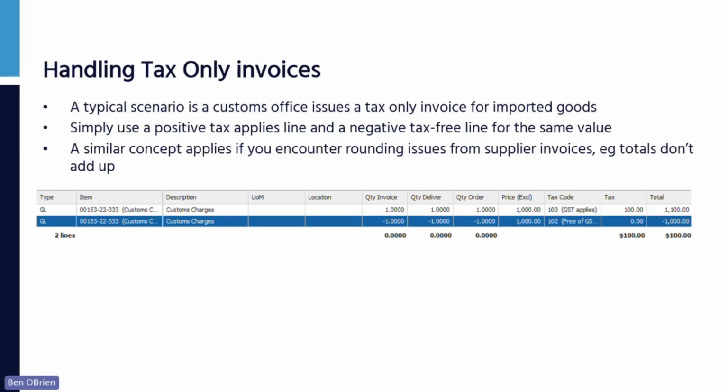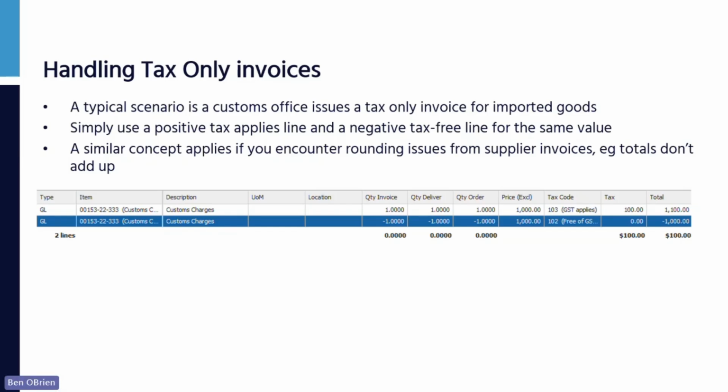Handling of tax-only invoices. So this is, I guess, similar to if you do encounter rounding issues, you can use similar types of adjustments here. So here we have a scenario where we have a tax-only invoice. It's quite common where a customs office will issue a tax-only invoice, and so you have a situation where you don't actually have anything else other than tax.